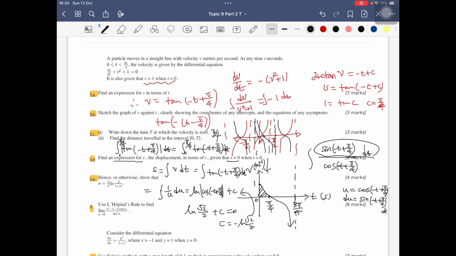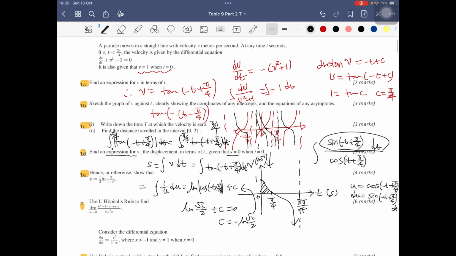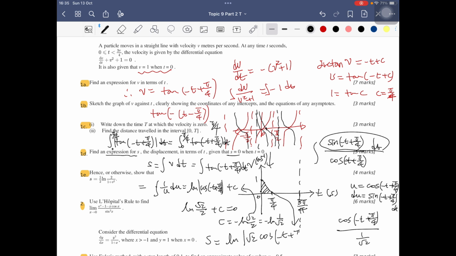When I put it here, because of the logarithm laws, s becomes ln of a division. Actually this is ln 1 over square root of 2. So when we divide cos of negative t plus pi over 4 by 1 over square root of 2, this becomes square root of 2 cos of negative t plus pi over 4.